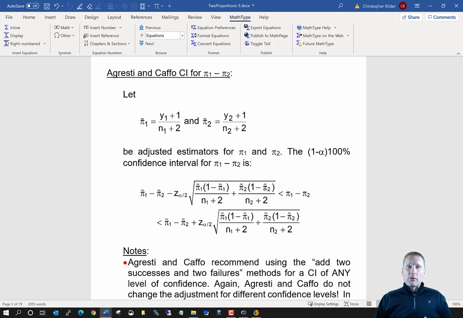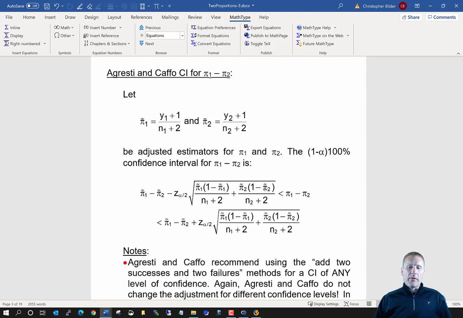For the Agresti-Coull interval, Coull was actually a student at the University of Florida and worked with Agresti to get that interval. Caffo also was a student at the University of Florida about the same time, late 1990s, early 2000s, to do this corresponding work.